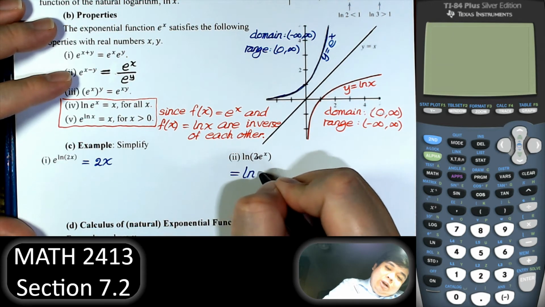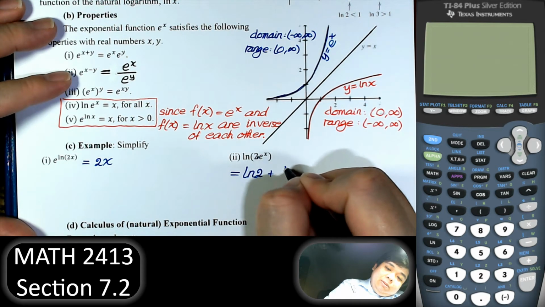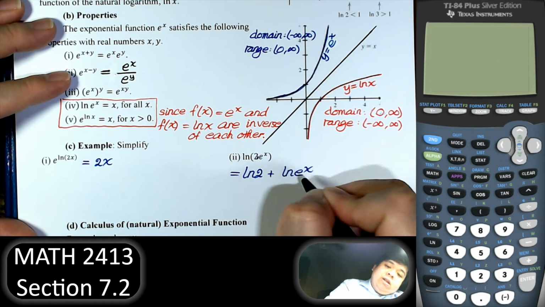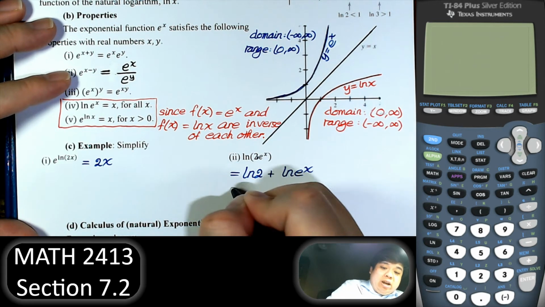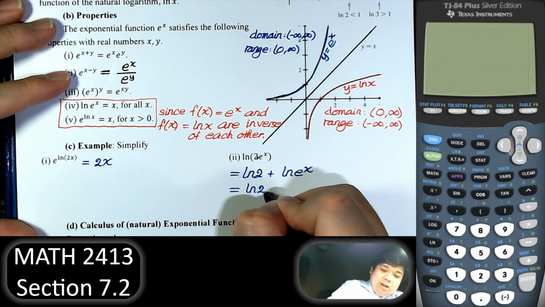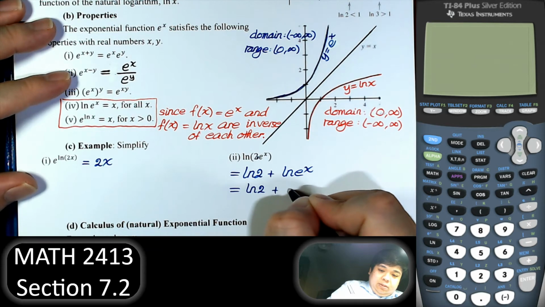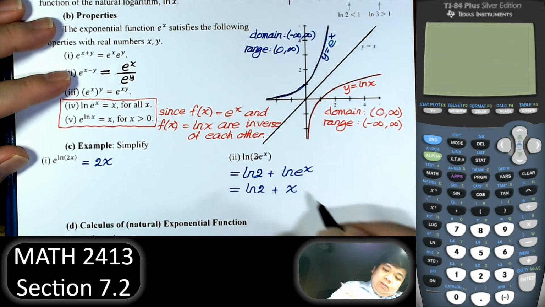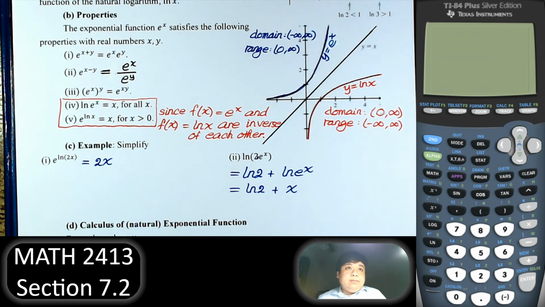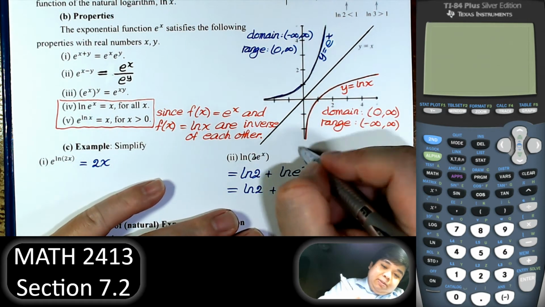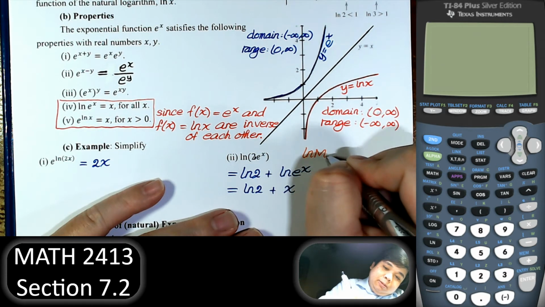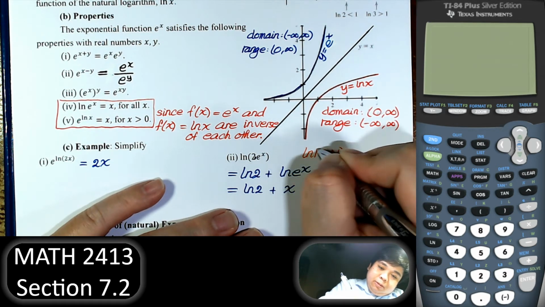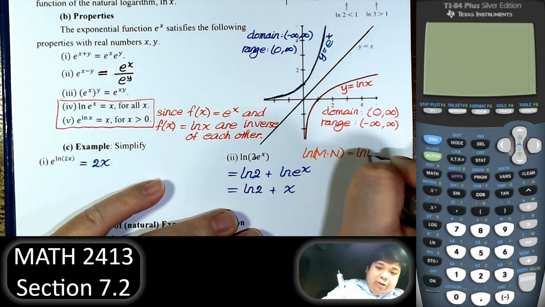So that we can split. And only then ln and e cancel out. Yeah, ln of the product is the sum of the ln.